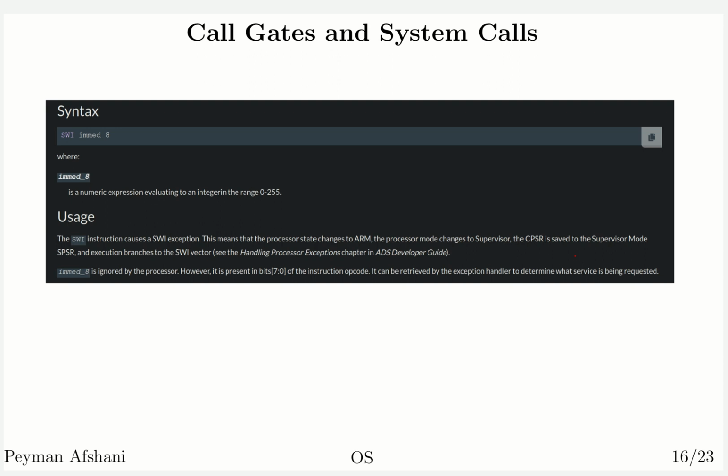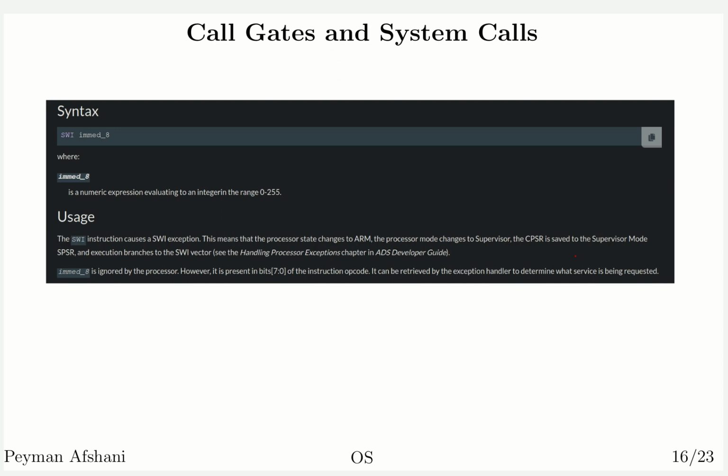Let's look at the documentation of these instructions. If you look up the documentation of, say, the SWI instruction, you'll see that it explains essentially how it is done. In particular, it will also specify that this instruction escalates or increases the exception level, in the sense that it increases the privilege.